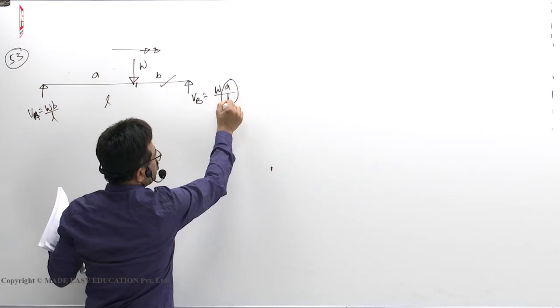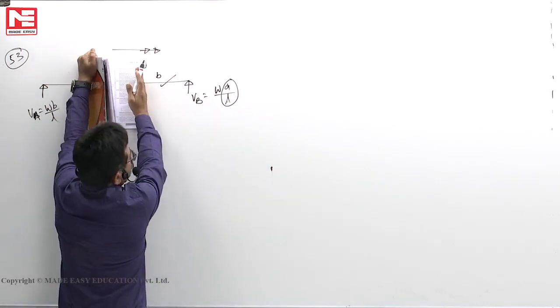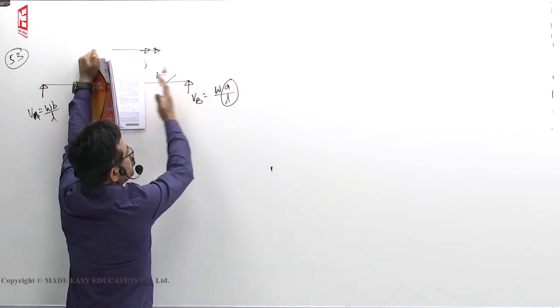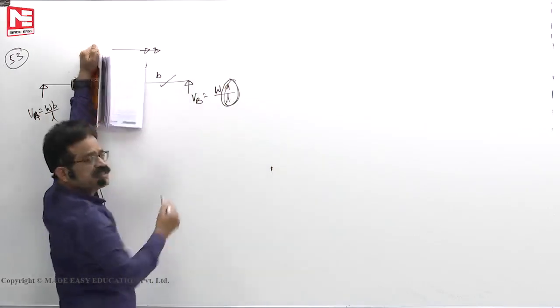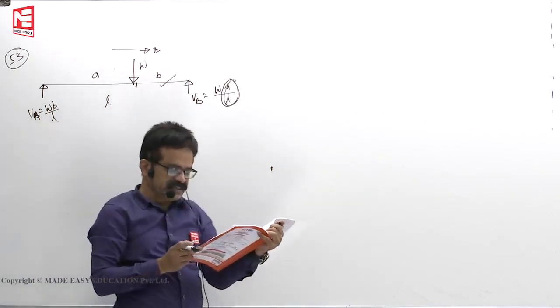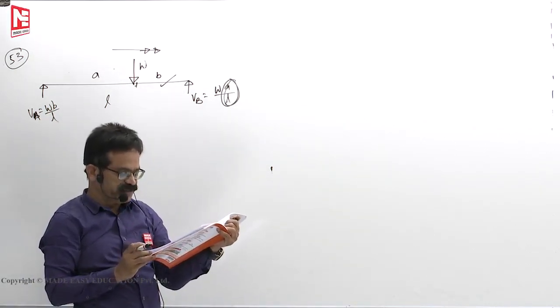As long as A by L ratio constant, shear force on right hand side of the point load, you see, stand here, look right. VB is the shear force, W into A by L. If A by L ratio is constant, shear force is constant. So assertion is correct. So long as the load maintains same A by L ratio, accepted.